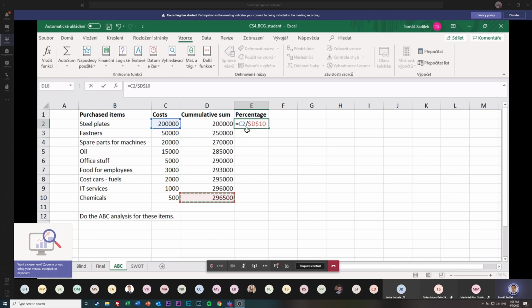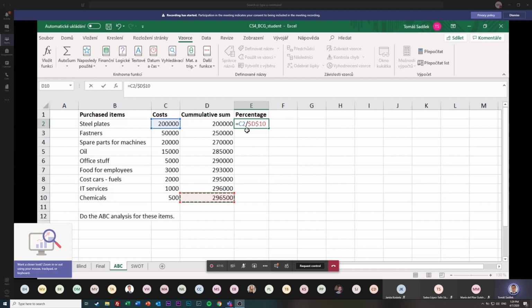And then again, I copy the formula and change the format into percent. Perfect. Oh, sorry, I made a mistake. It's not the cost of the individual item, but the cumulative cost.